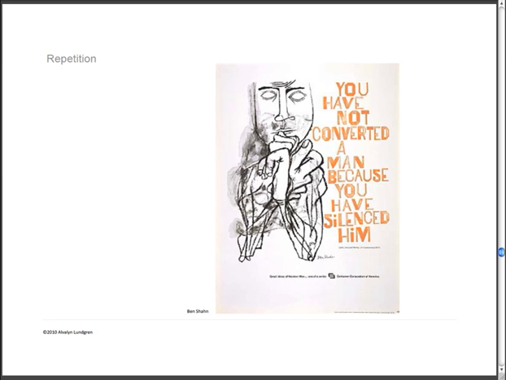So the repetition of all the linear elements in this helps create a flatness. This is not the illusion of volume. The drawing is contour, but it's much more gestural, and we have the repeated gestures and directional lines.